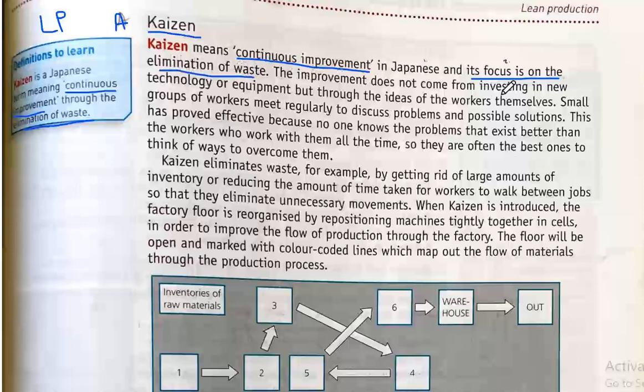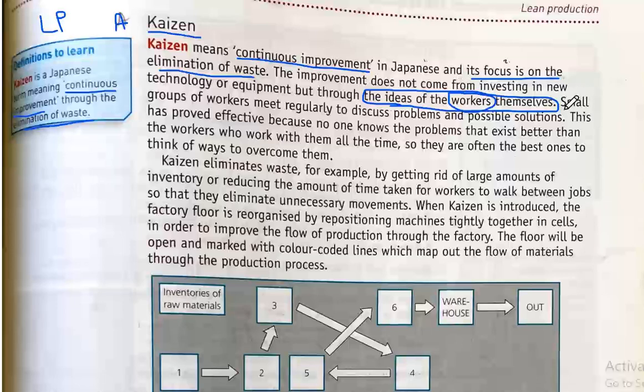The improvement does not come from investing in new technology or equipment, but through the ideas of the workers themselves. So in order to reduce waste, we ask workers themselves for ideas to eliminate and reduce the waste. The workers are the ones who are actually in the field, and they have much better knowledge about how to reduce waste.